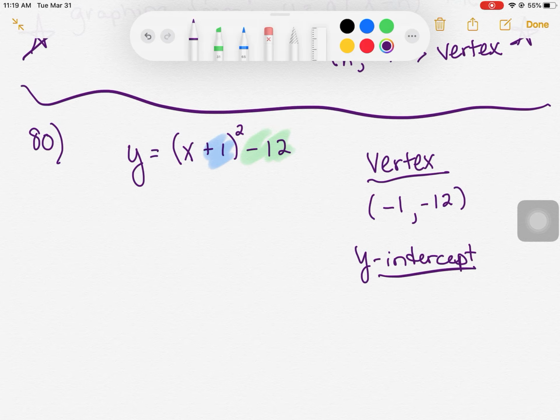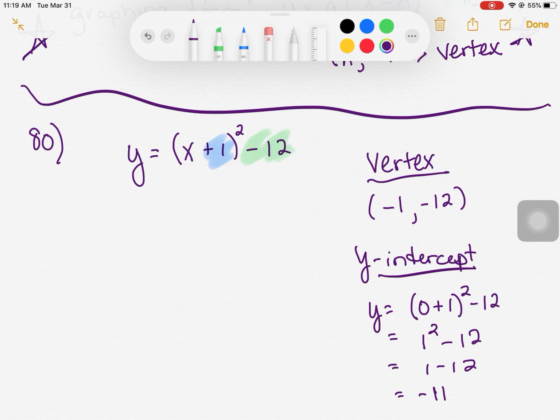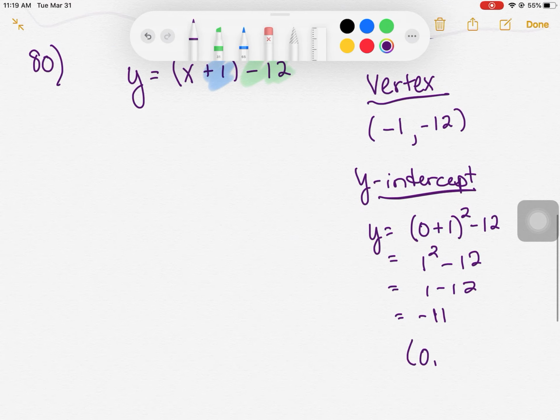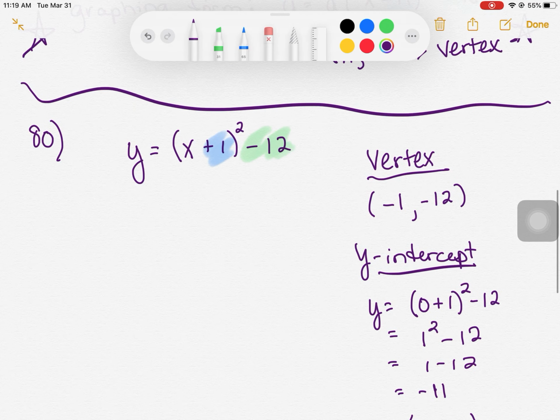But certainly for our y-intercept, we could just evaluate where x is 0. So we get our y-intercept at 0, -11, and we could do that at any point in time. We could just plug 0 in for x and figure out what y is pretty simply.